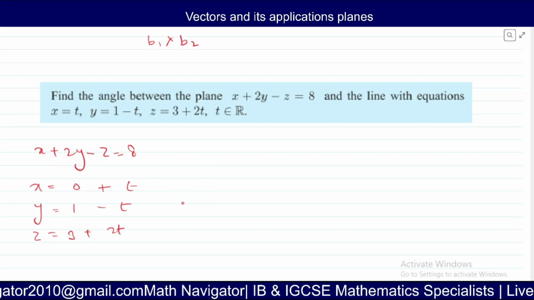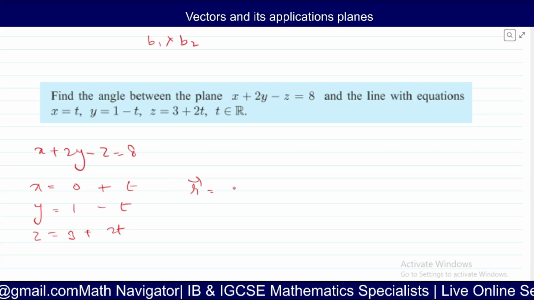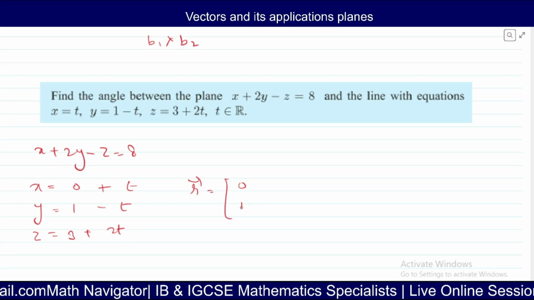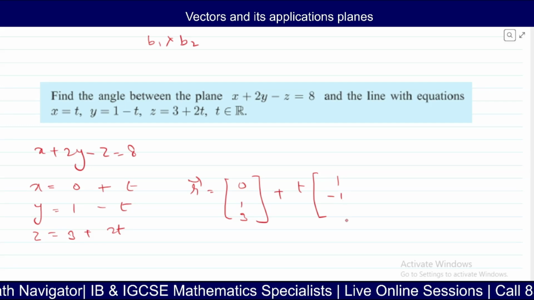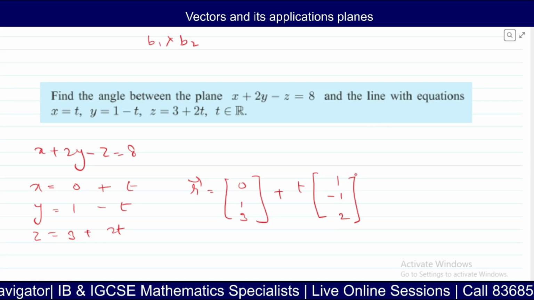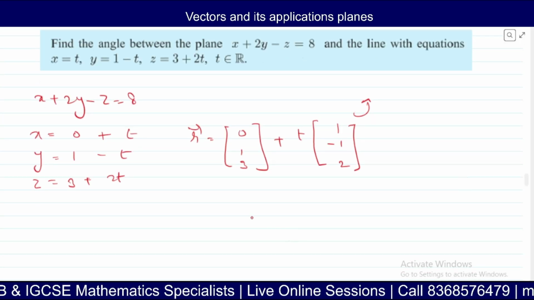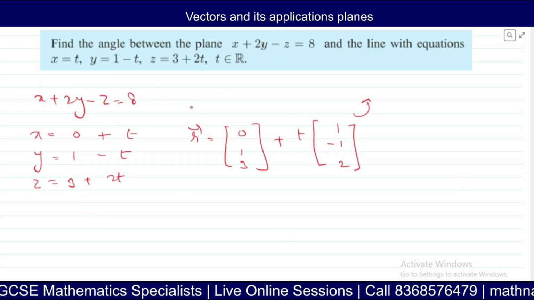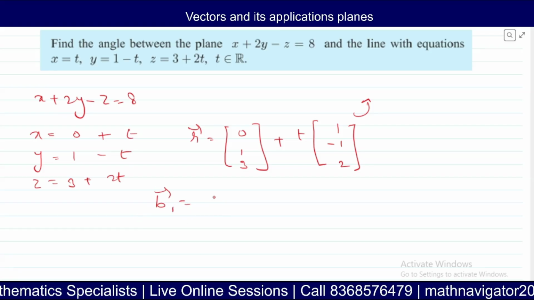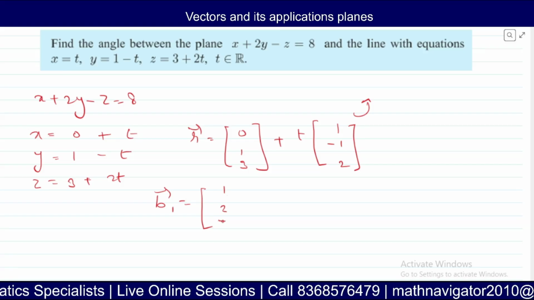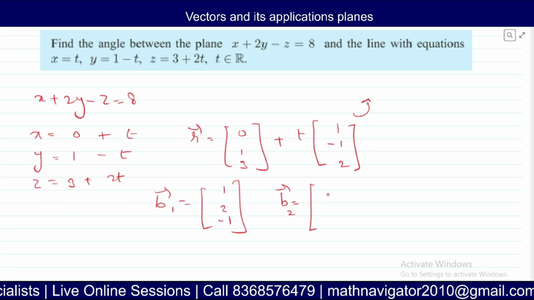So I can write this as vector r is equal to 0, 1, 3 plus t times 1, negative 1, 2. So my direction vector is this. Clear? And the direction vector of the plane, that means vector b1, is 1, 2, negative 1, and my vector b2 is 1, negative 1, 2.